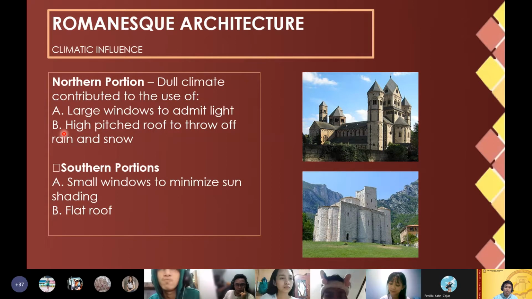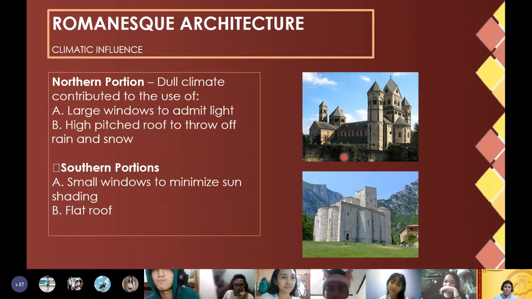And then they also have high-pitched roof to throw off rain and snow. So in this example, dagko ilang mga windows. This one here, windows ni siya. And notice, unsa ka steep ang ilahang roof. No? Ang ilang slope, grabe. Grabe ka steep. So, inig mag-uwan or mag-snow, di na siya mo store nga na. So, mo slide na diretso.